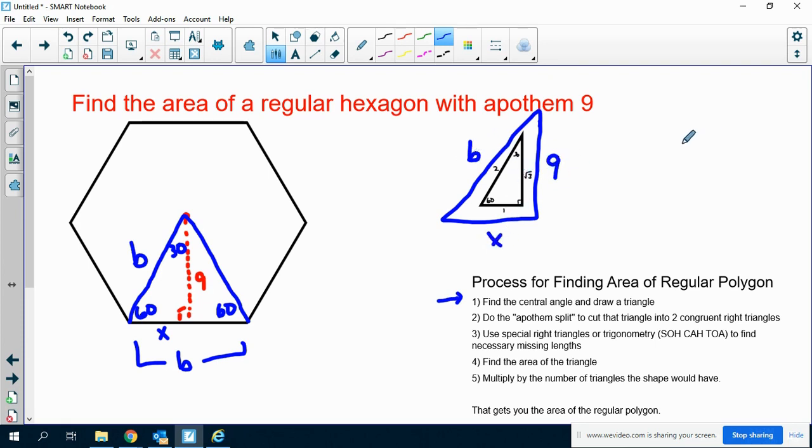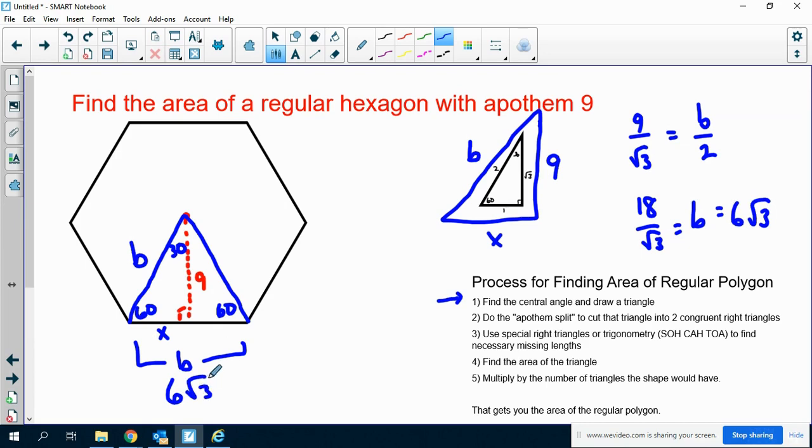I'll just find b, because that's going to give me the side length anyway. So 9 over root 3 equals b over 2. I cross multiply, I get 18 over root 3 equals b. 18 over root 3, I can simplify to 6 times the square root of 3. We did that on a previous video. So this is 6 square root of 3.